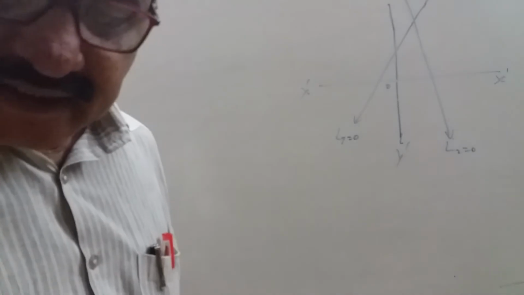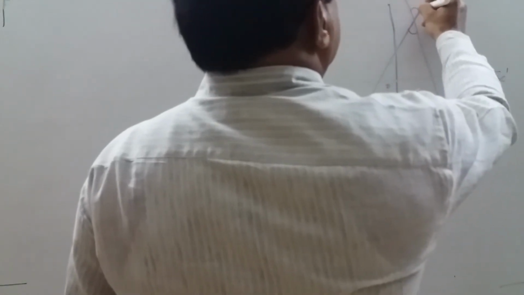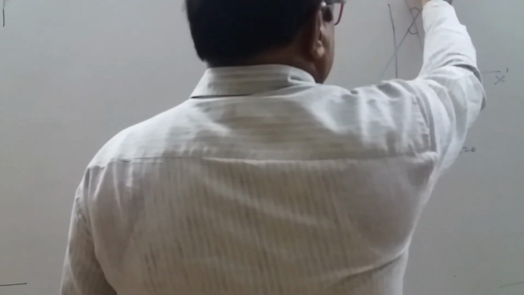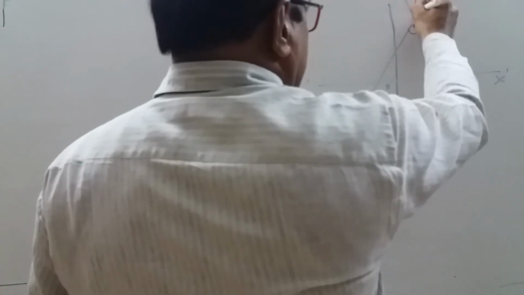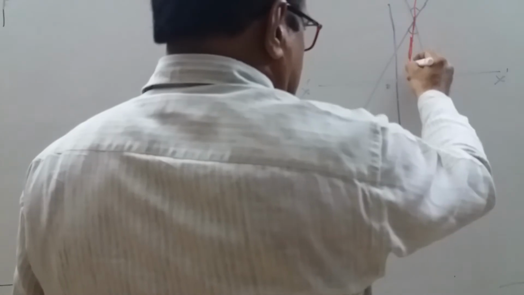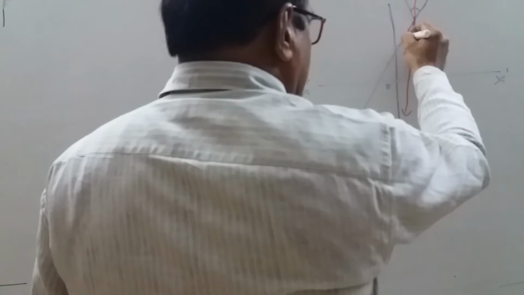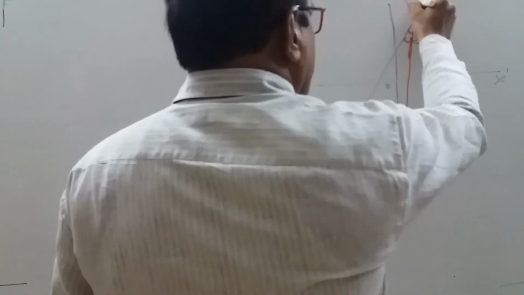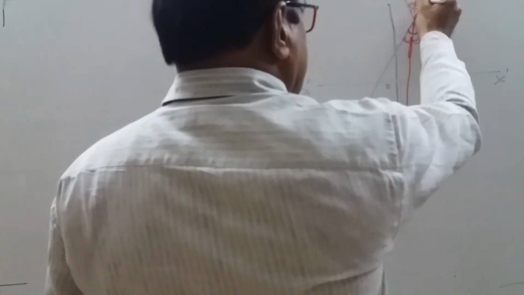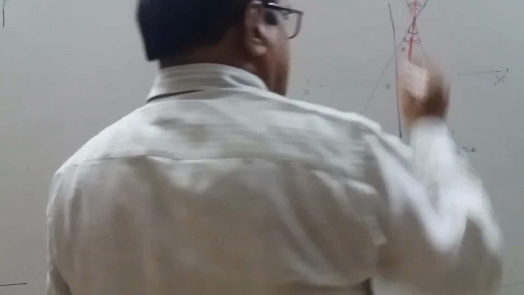Then we can draw the angle bisectors. That means a straight line which bisects the angle. This angle is also equal. If we draw a straight line which divides the angle into equal parts, vertically opposite angles are equal, so this is theta, and this complete is 2 theta.